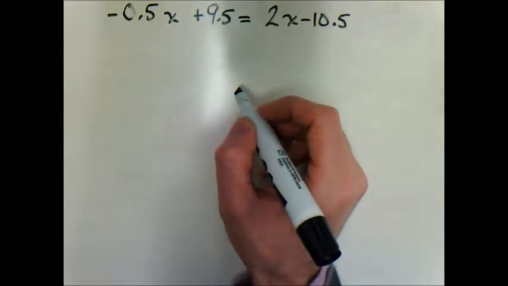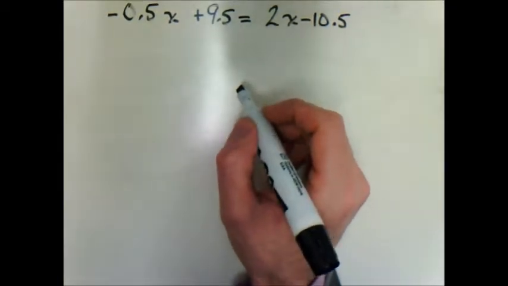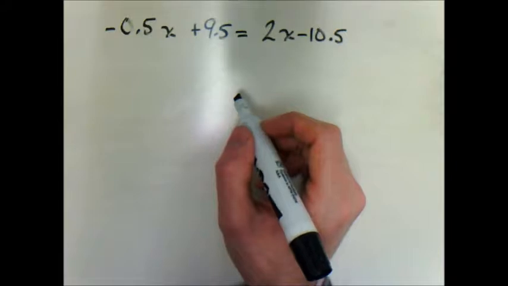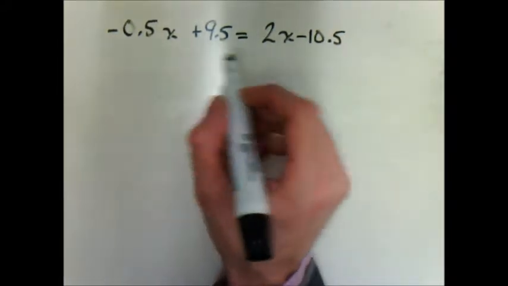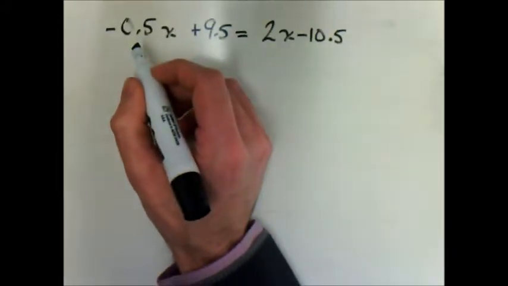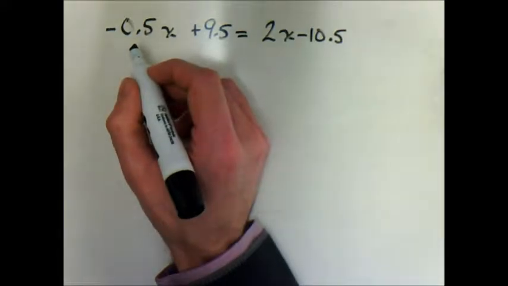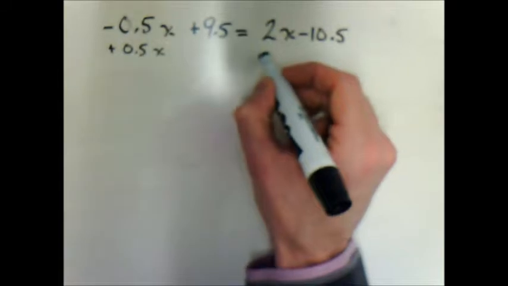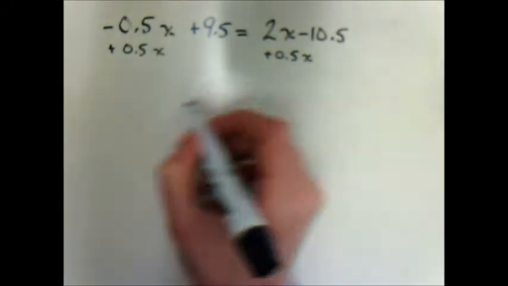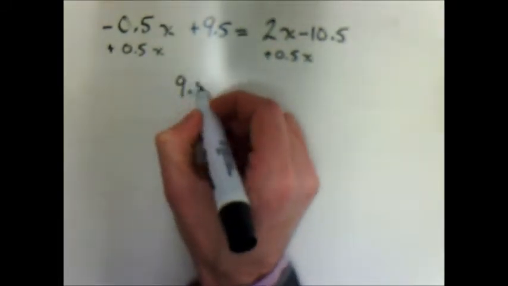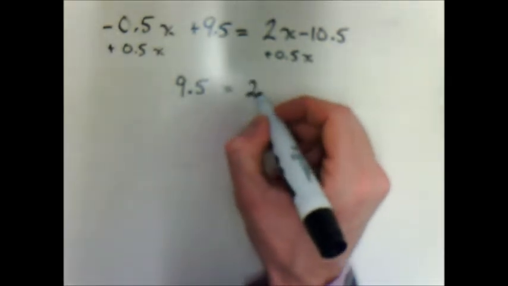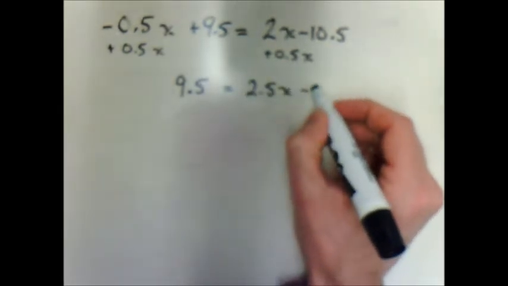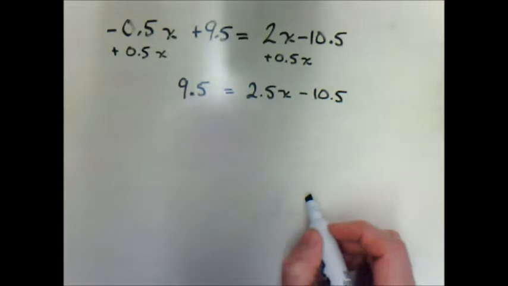That means I want to get all the x's on one side. Often it's easier to move them to the left, but over here if I move them to the left, they're all going to be negative. So I'd rather move them to the right in this case. So I'm going to add 0.5x to both sides, leaving us with 9.5 equals 2.5x minus 10.5.